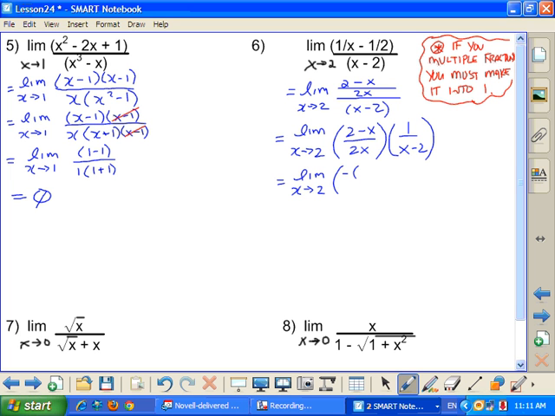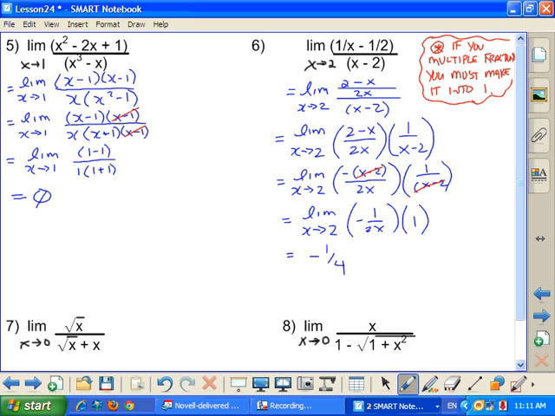So negative x minus 2 over 2x, times 1 over x minus 2. Now those two values will cancel out, and I'm left with the limit as x approaches 2 for negative 1 over 2x, and then the second fraction is just a 1. If I plug the 2 in, I find I end up with negative 1/4. All right, so there we are.